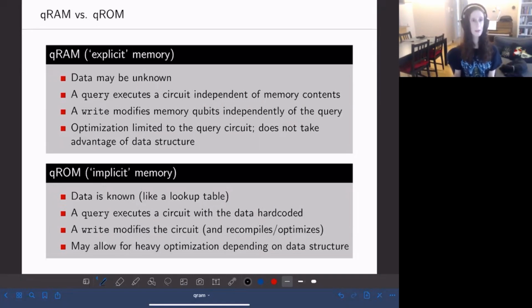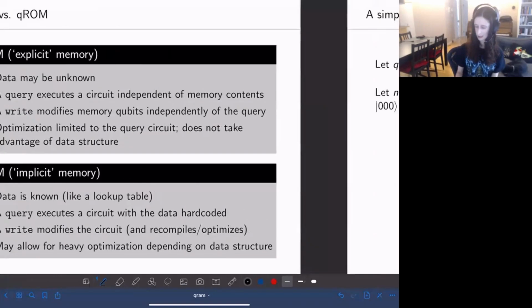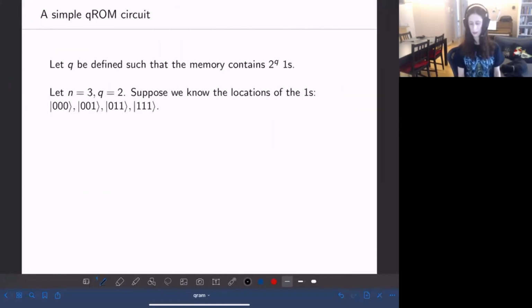All right, so let's talk about qROMs then. This is the simplest way conceptually to make a qROM. Let's suppose that we know the contents of our memory. We know that, for example, we have a 3-bit address and that 4 of those elements in that memory have to be 1.